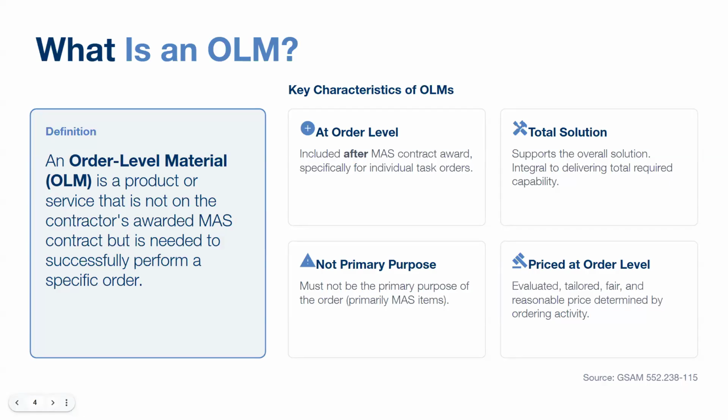Because OLMs are established at the order level, they're not pre-priced by GSA, but are instead evaluated and priced at the order level within each individual order. Throughout the presentation, we're going to think of OLMs as supporting the overall solution. Their purpose is to help complete the work, not to become it.